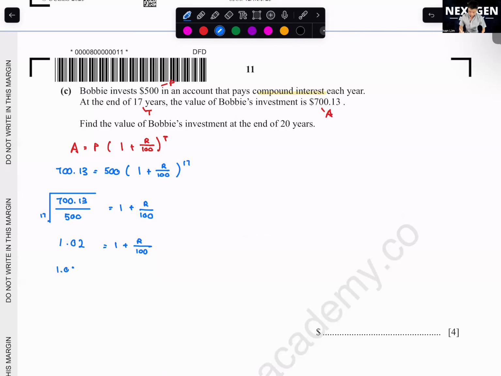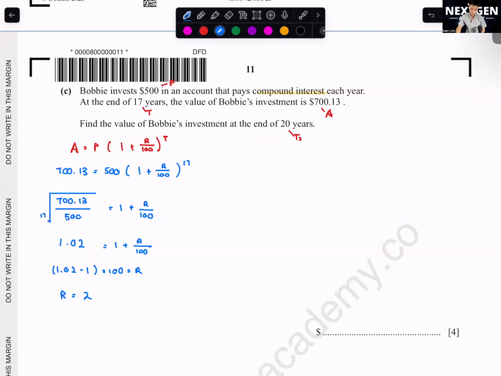Then we'll take 1.02 minus 1 times 100, which equals r. So it'll be 0.02 times 100. R equals 2, so your R value is 2%. Now we want to find based on this second time frame, which I write as T2.